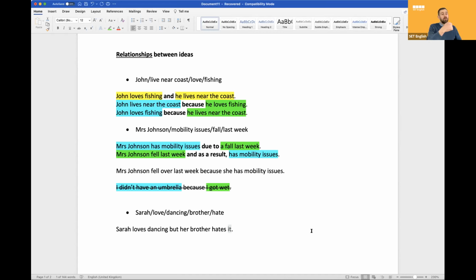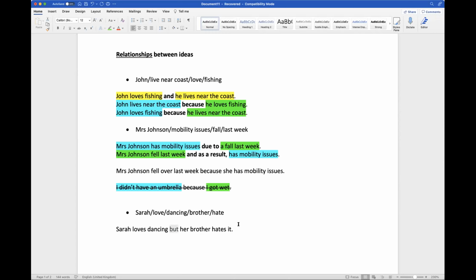When we go into multiple clause sentences, which is what we're doing now, you have to become the master of pronouns, because you don't want to say dancing again. It sounds repetitive. Sarah loves dancing, but her brother hates dancing. I don't need to say dancing again. So pronouns become really, really important when you do multiple clause sentences.